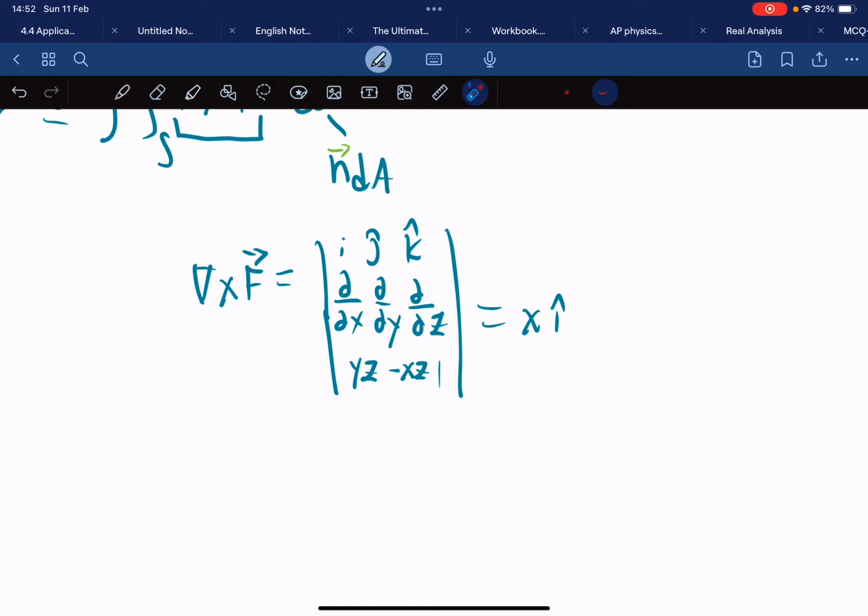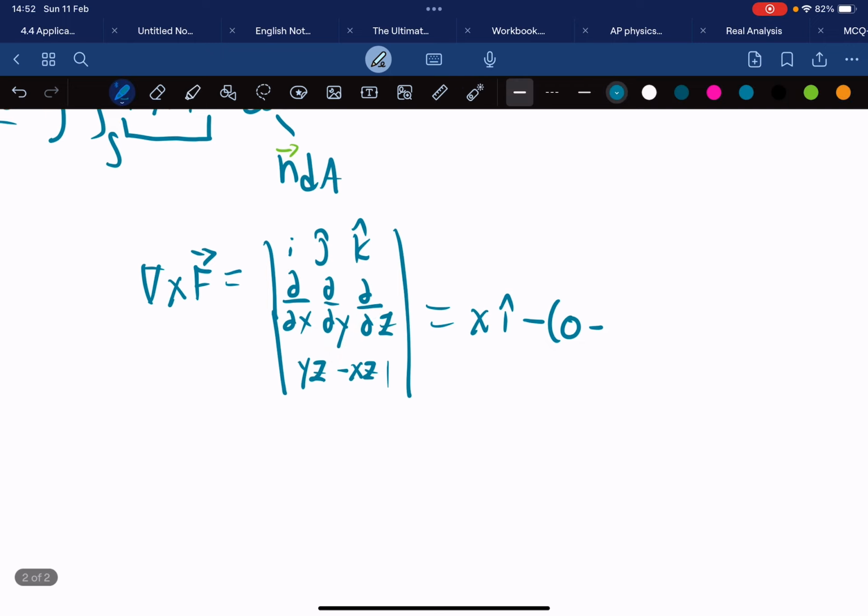So the partial derivative of 1 with respect to x is just 0. And we put a minus sign here because it goes plus, minus, plus. So it's going to be minus. This is going to be 0 minus this right here, the partial derivative of yz with respect to z, and that's just y.